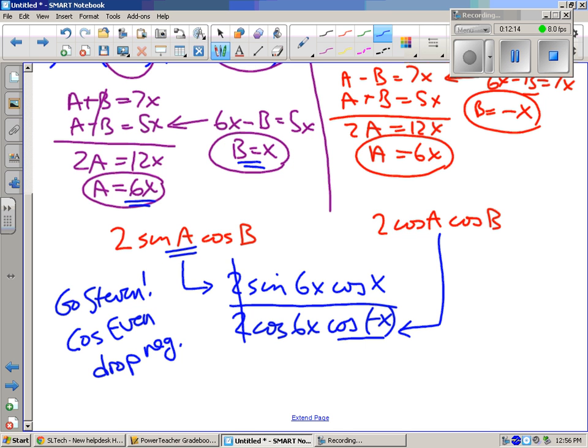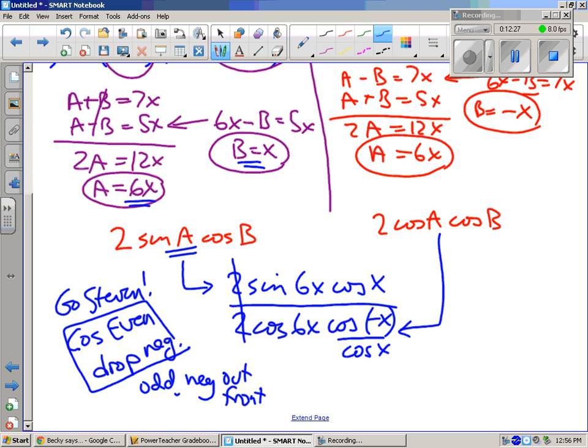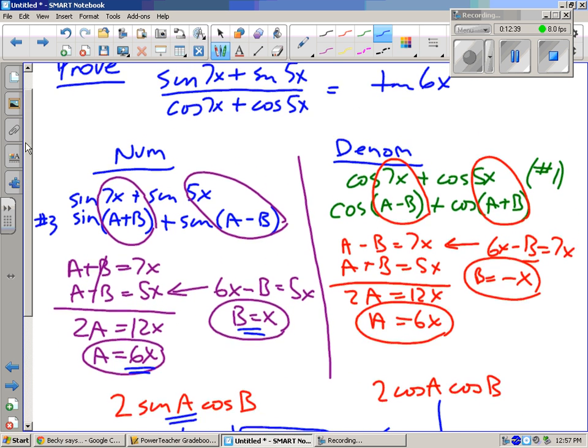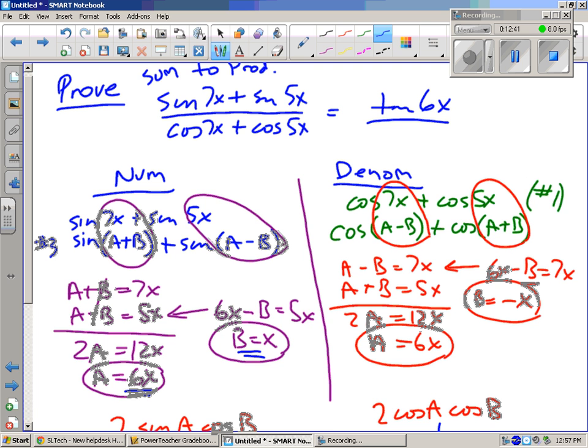If it's odd, that means the negative sign is out front. Okay, but this one's even, so we just drop it. So this technically is really just cosine of x. So then I can cancel those two, and what's left is tangent of 6x. And lo and behold, go back up here, that's what we wanted it to be.